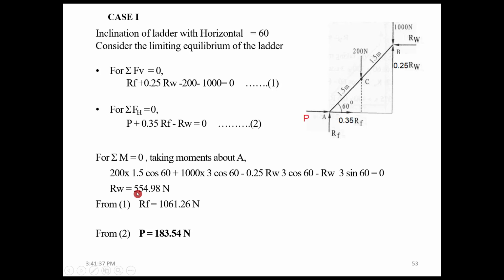So getting Rw directly from equation 3, and then we can apply it into equation 1 to get Rf, and we can solve for the extra P required for making the ladder safe.